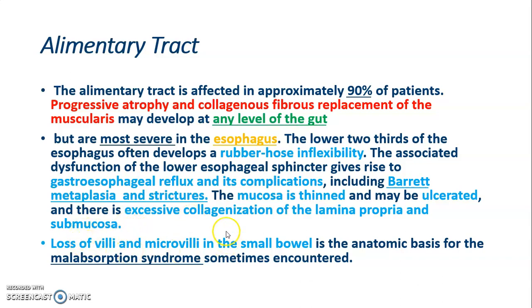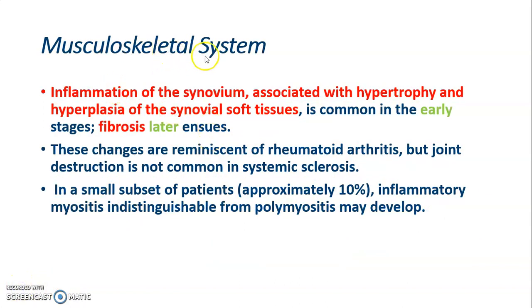There is loss of villi and microvilli in the small bowel. In the musculoskeletal system, there is inflammation of the synovium associated with hypertrophy and hyperplasia of the synovial soft tissue in early stages, and in later stages there is extensive fibrosis.